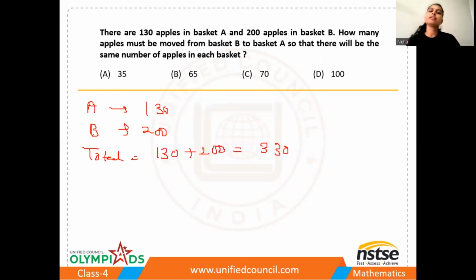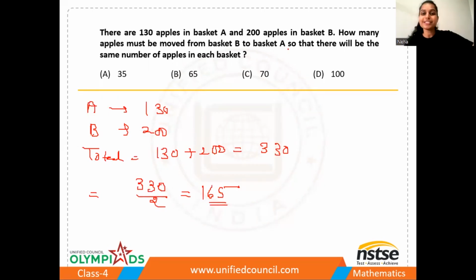Now 330 apples we have to divide into two baskets. In basket A and basket B, and each basket should have an equal number of apples. So what do we have to do? Just divide it by 2. If I divide this number by 2, it is 165. So one basket should have 165 apples, right?